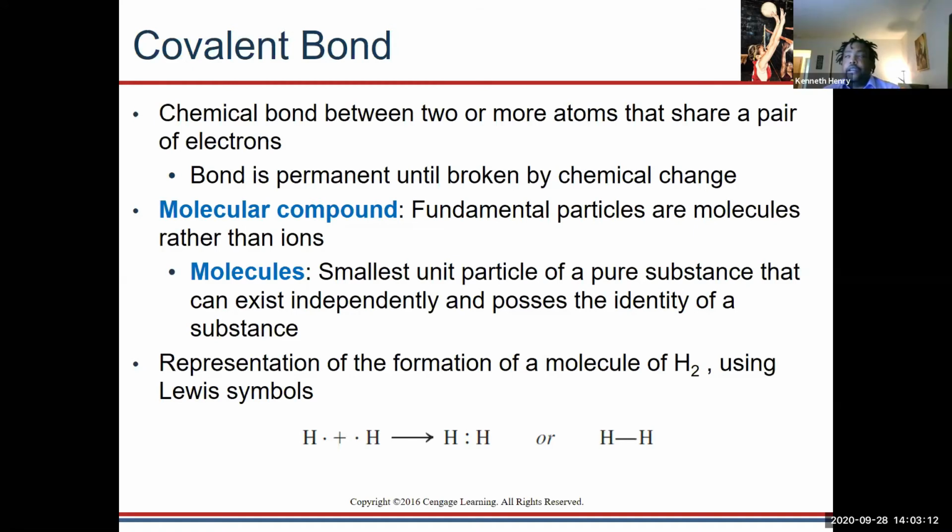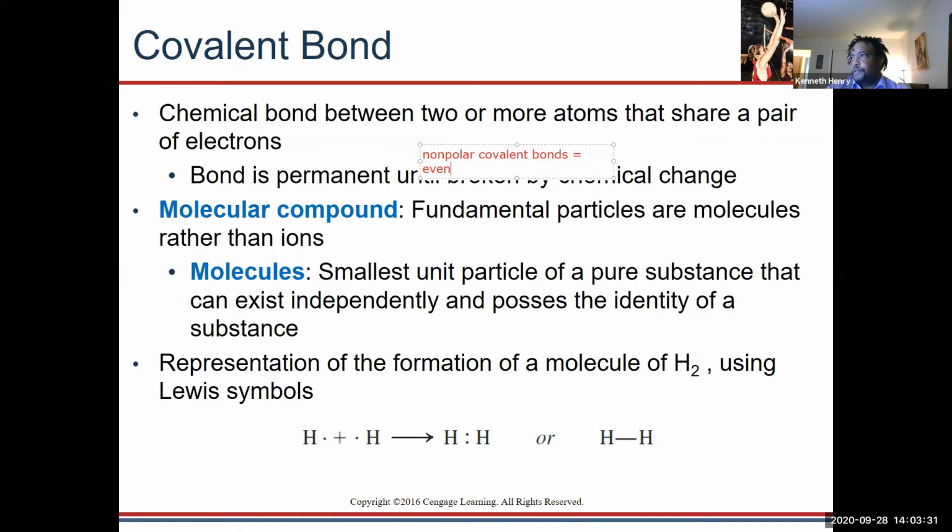So if it's even sharing, it's called nonpolar covalent bond. And then if it's uneven sharing, it's called polar covalent bonds.